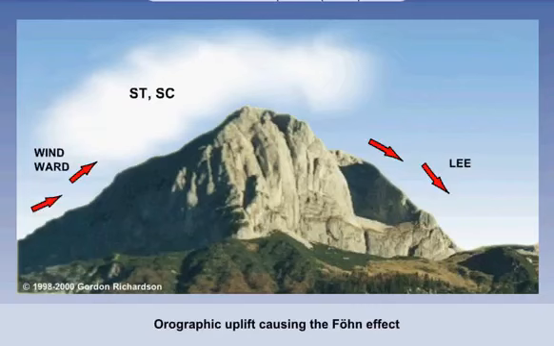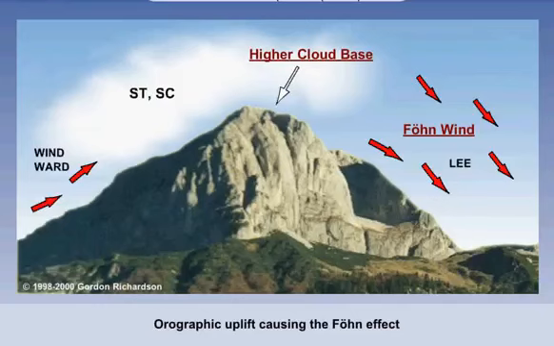Another reason for the drying and warming is the entrainment of drier air from higher up in the atmosphere as our low-level air squeezes over the high ground. This gives a lower average humidity on the leeward side of the hills as the air descends. In Europe, this process is called the Föhn effect and results in higher cloud bases and a significant drying out of the air to the lee side of mountains.